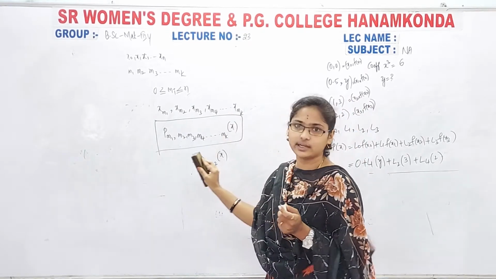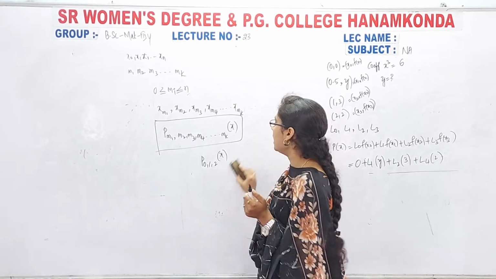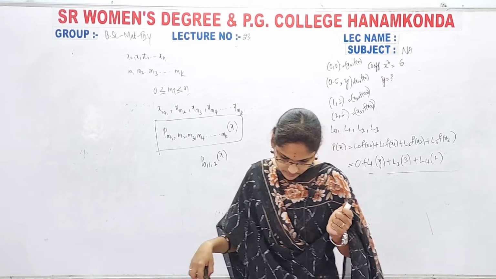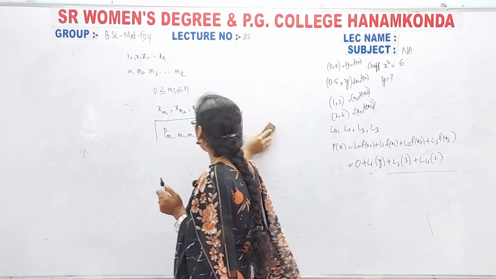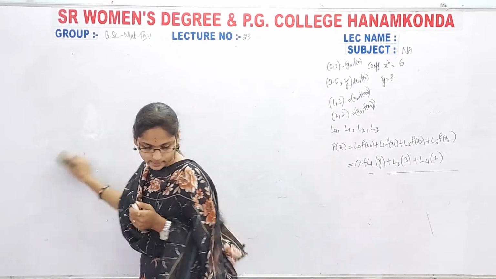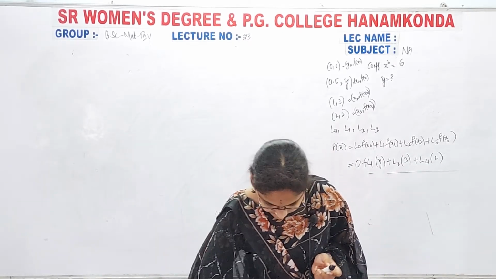Okay, is it clear now? What they are saying is, in Neville's method the form is like this. Okay, so next, before that I want to give clarity about this, so that's why I am going to draw one table for you to understand easily.